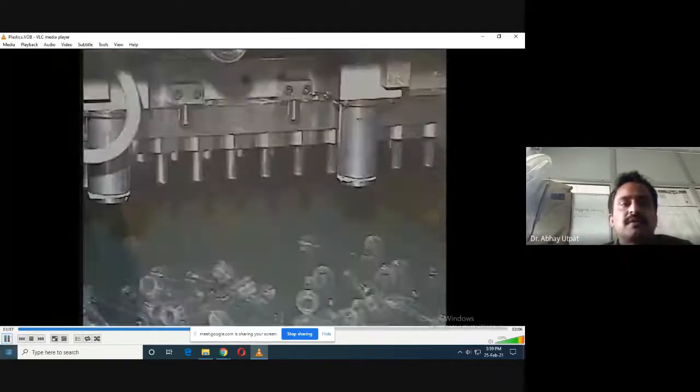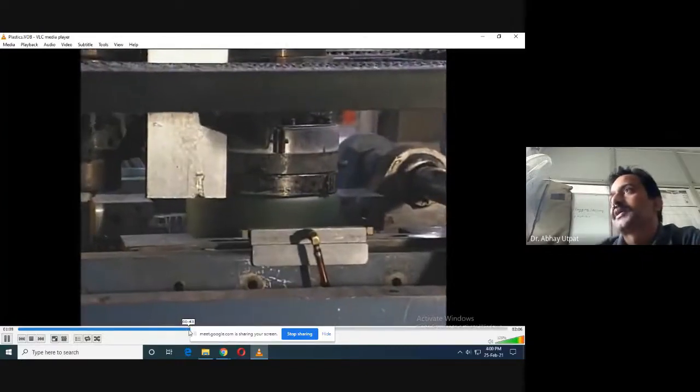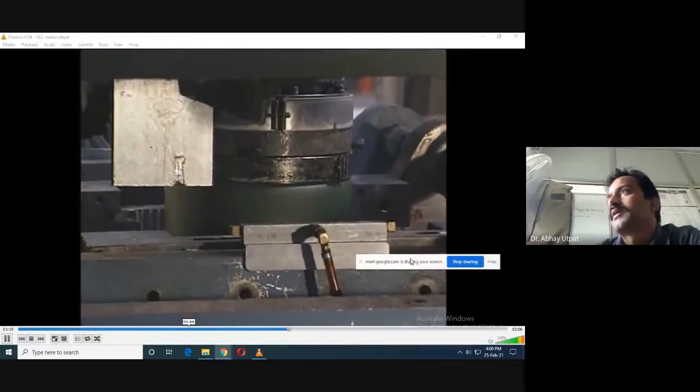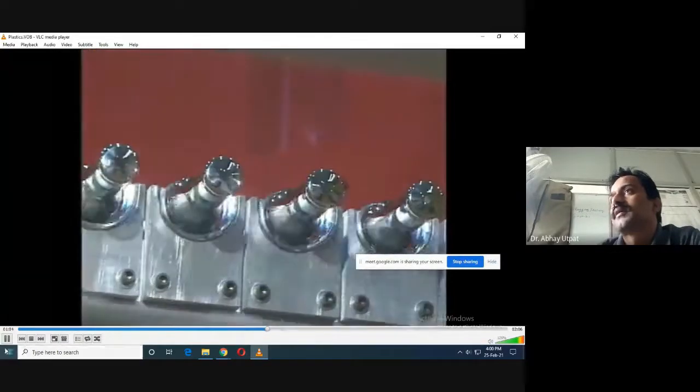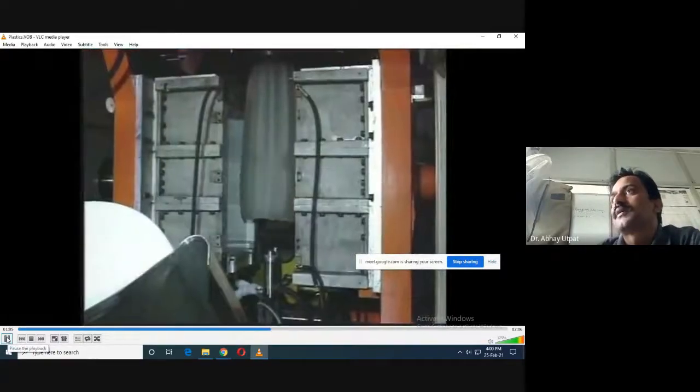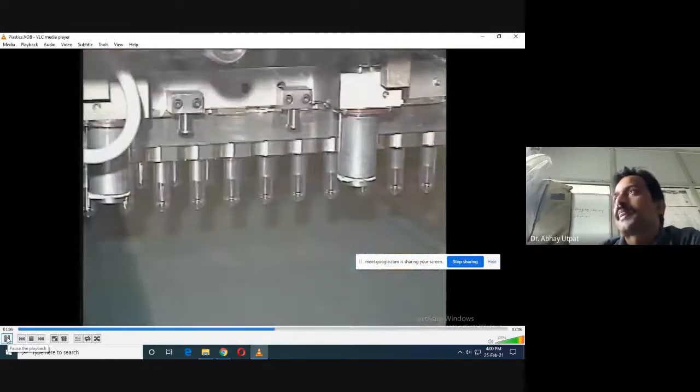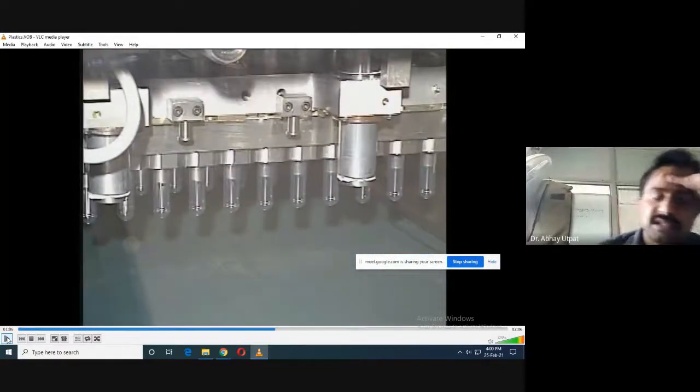See this now. What did you observe now? One minute, I will hold just for one minute. This is injection blow molding, parison or preform.